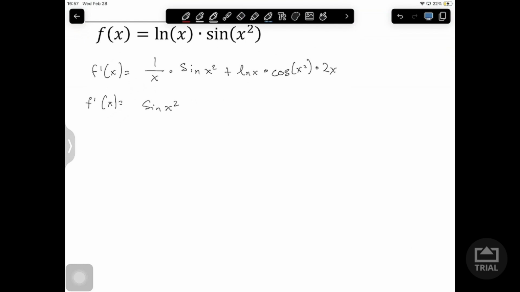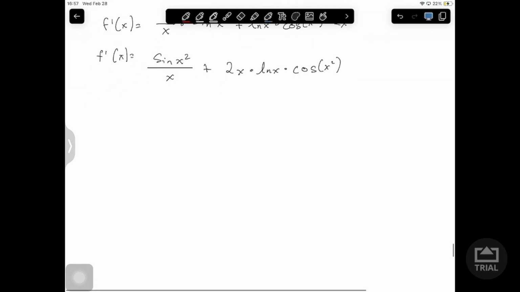Let me erase that. Okay, so it's going to be sine x squared over x plus, I'm going to move this 2x to the front, 2x times natural log of x times cosine x squared.